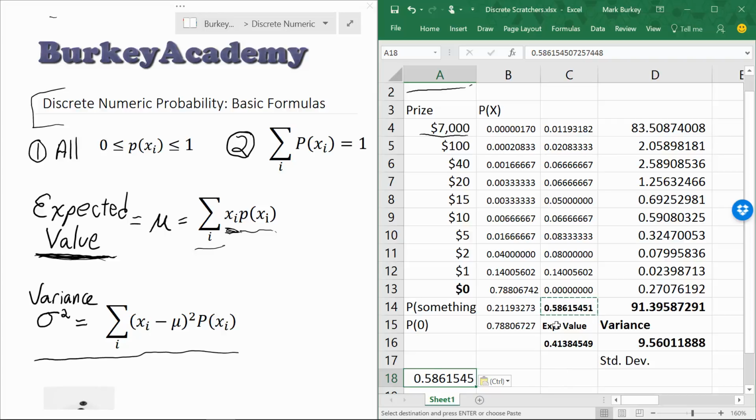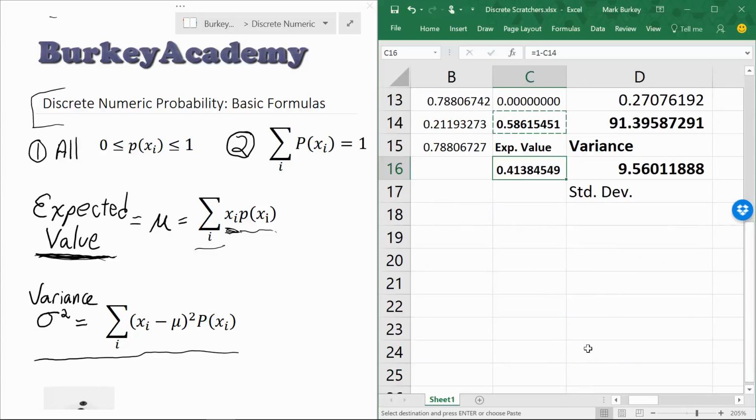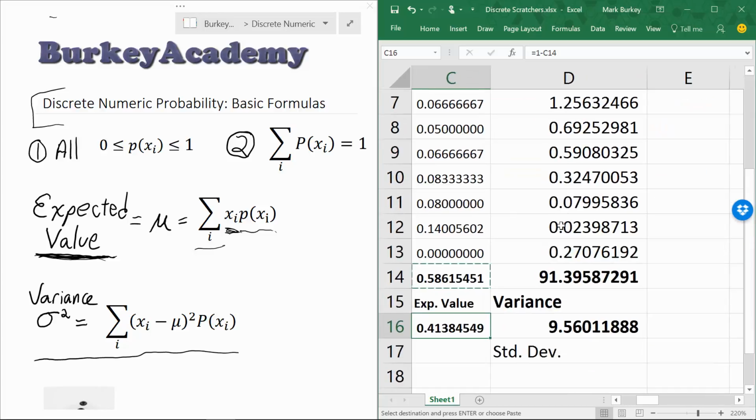So we can get an estimate of how much money, if the government sells all of these lottery tickets, how much money will it bring in net revenue, not including their expenses. Well, the net revenue is going to be this 41.3 cents that they get for each ticket.